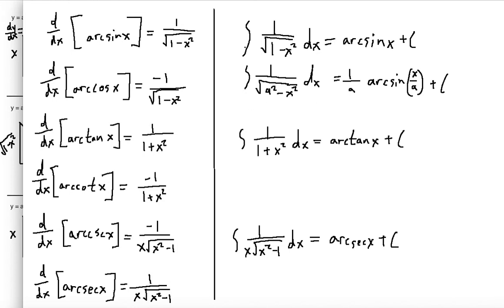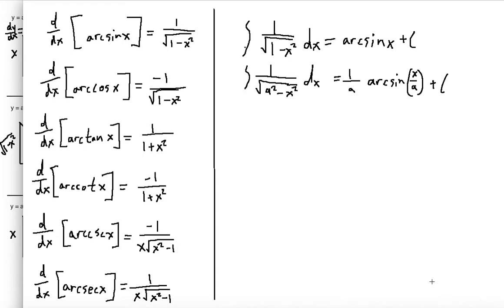I'm going to derive this algebraically, where this one comes from, and focus on this rule that I have up here. So right now I have this idea of 1 over the square root of a squared minus x squared.